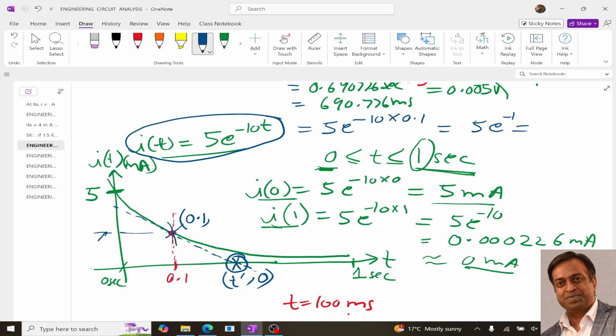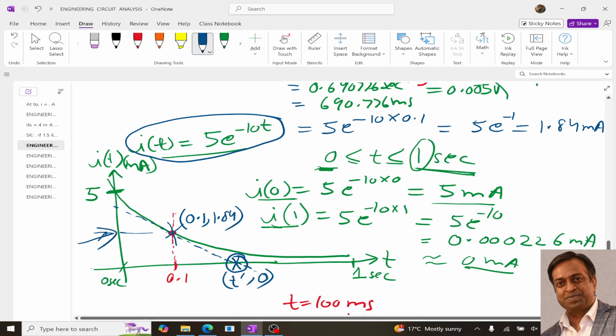So this we will get as 1.84 milliamperes. So over here the second point will be 1.84. So this is the coordinates of this point where we need to draw the tangent, right?